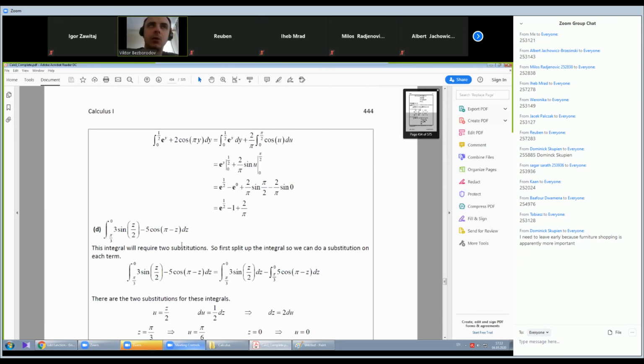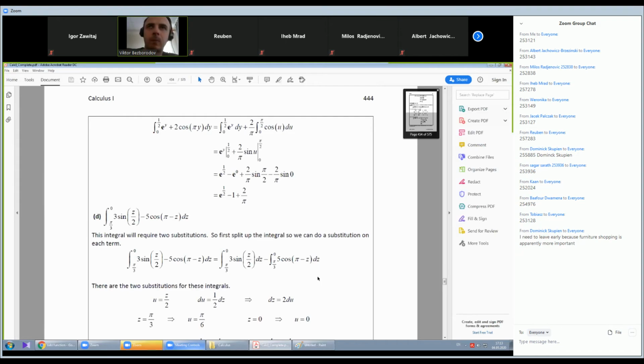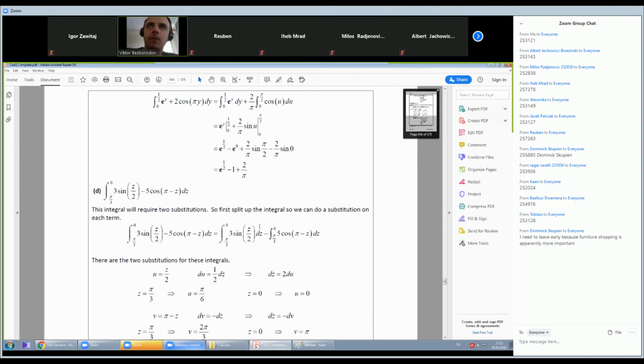Okay, so here we need more steps in this integral, right? This is a trigonometric integral. First they split it into two. In the first integral, they use the substitution z over 2.